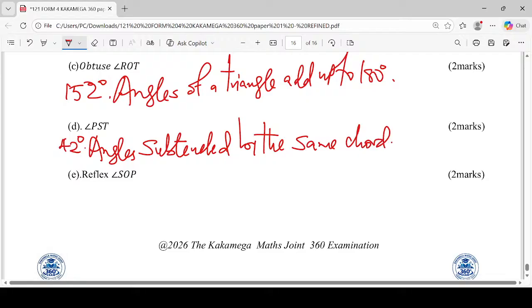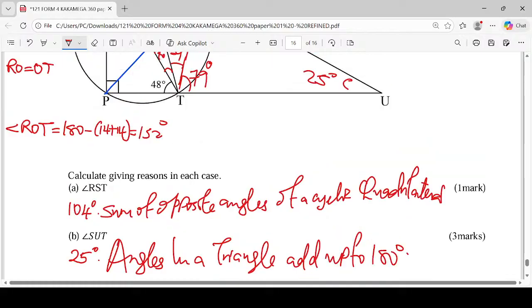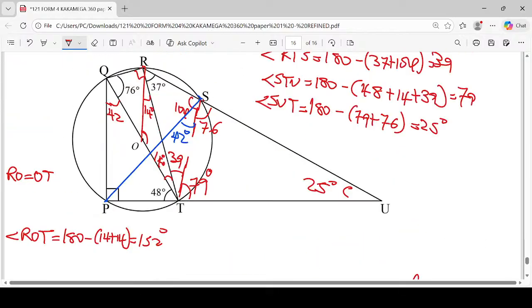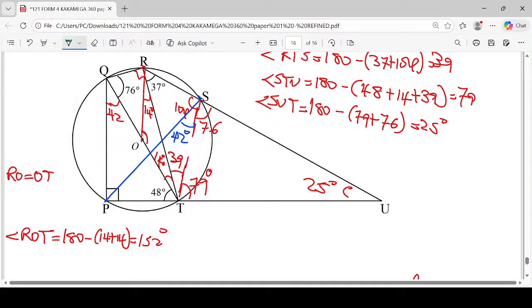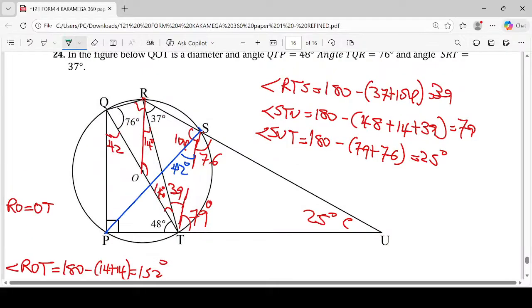Then the reflex SOP. Let me look at now that SOP, the reflex. So let's join these points. I join P to O, also S to O. So they're asking about this angle here.